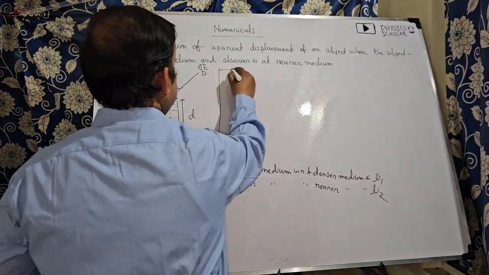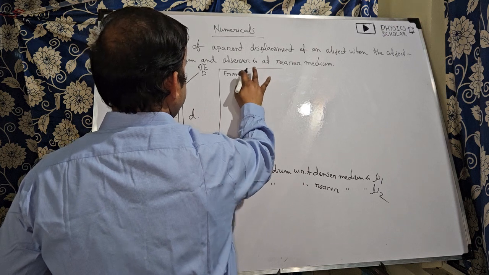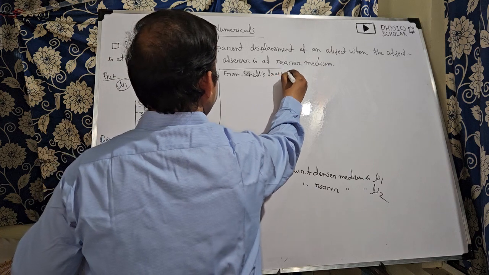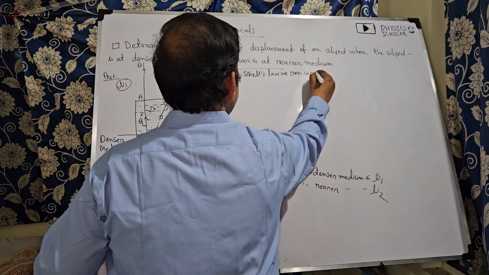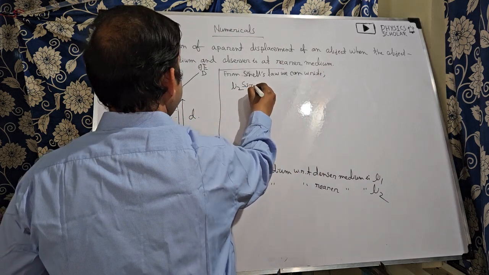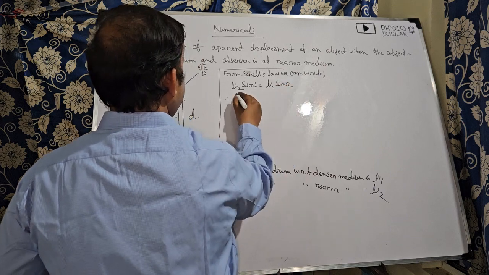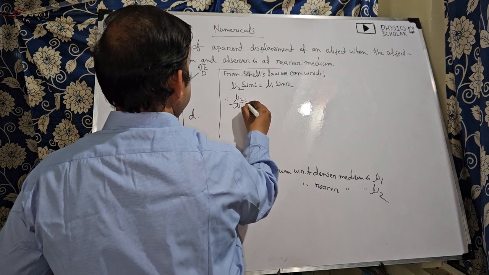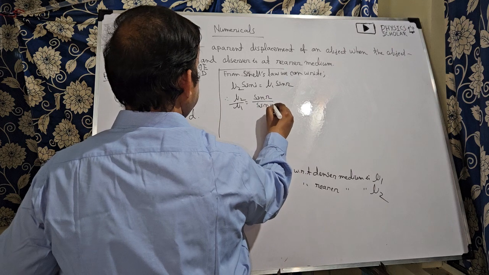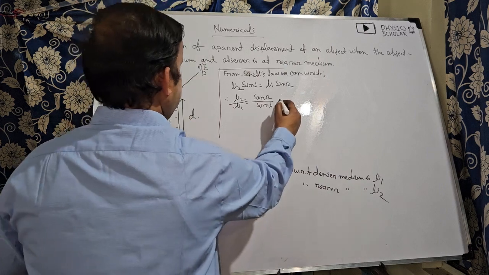So what can we write from Snell's law? We can write mu2 sin i is equal to mu1 sin r. Therefore, mu2 by mu1 is equal to sin r by sin i.